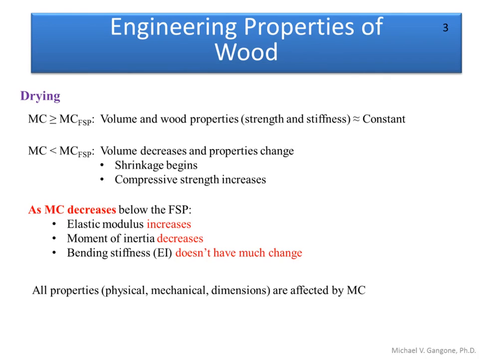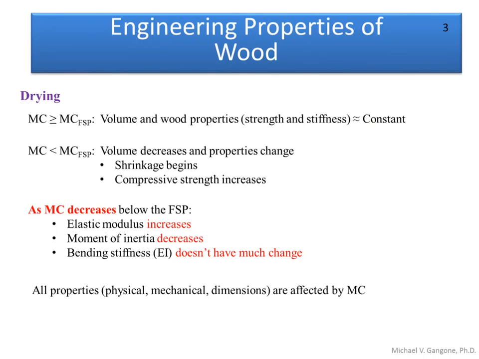All right, so the reason why we say that moisture content has a big effect on the properties of wood: we've seen that if you have a moisture content that is above the fiber saturation point, which again is somewhere between 25 and 30% moisture, say 40%, then there's no real difference in strength and stiffness in the wood.